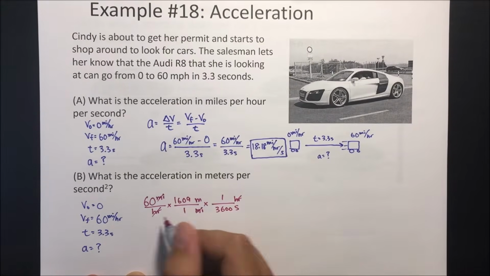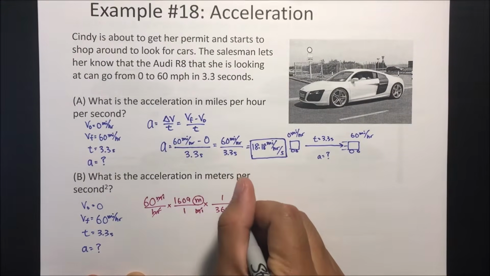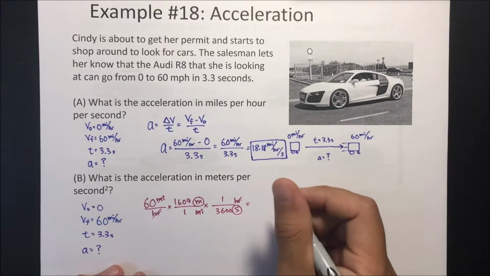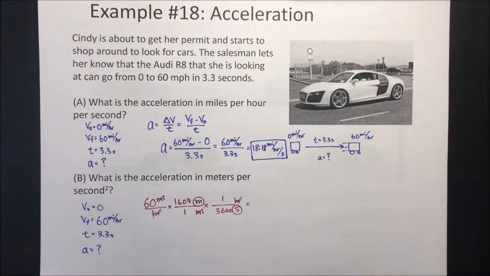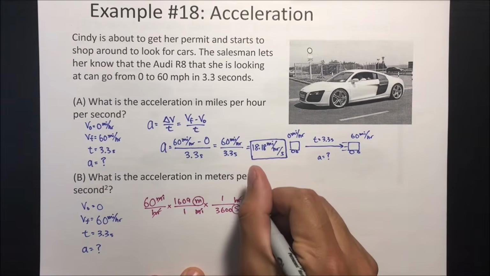So we get rid of the miles, get rid of the hours, and we get what we want: meters and seconds. Do a little bit of calculation, and we find that this is equal to 60 times 1609 divided by 3600, which is 26.82 meters per second.